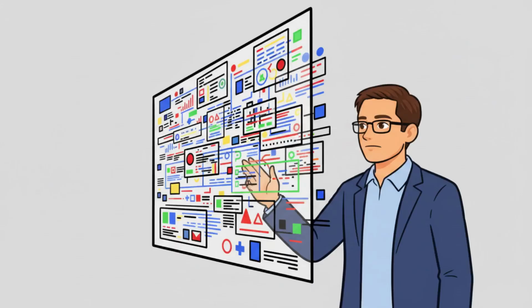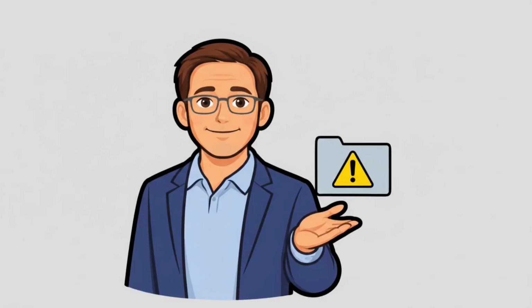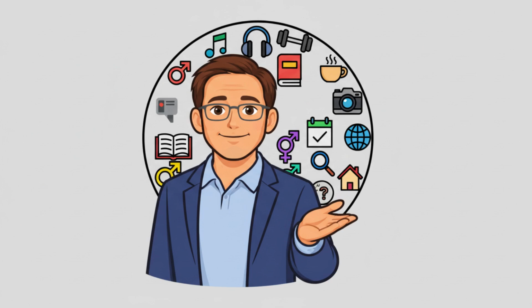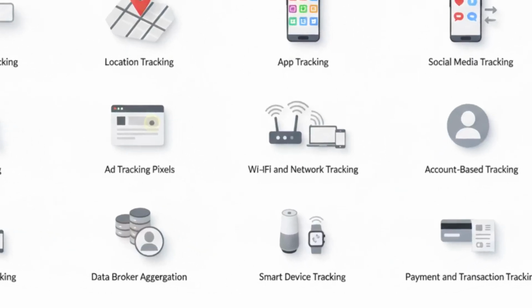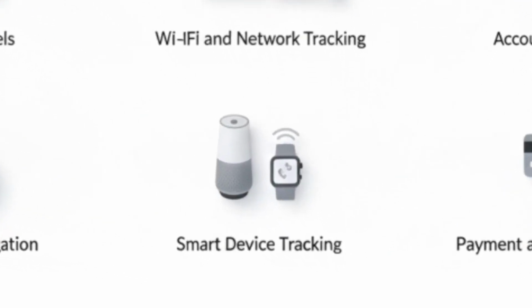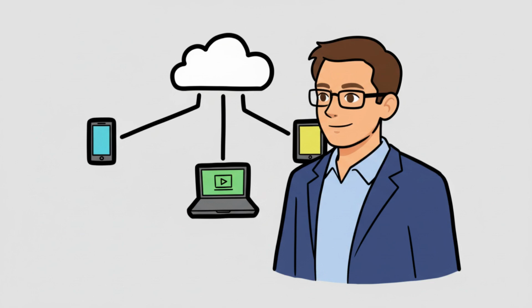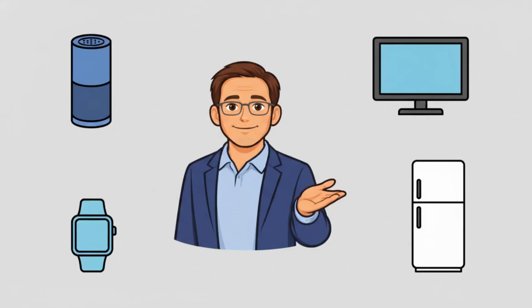What sets it apart is the scale and depth of information involved. It matters because these profiles can include sensitive details about interests, habits, and demographics, often shared or sold to other companies.